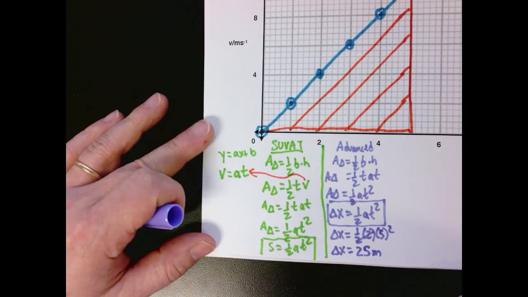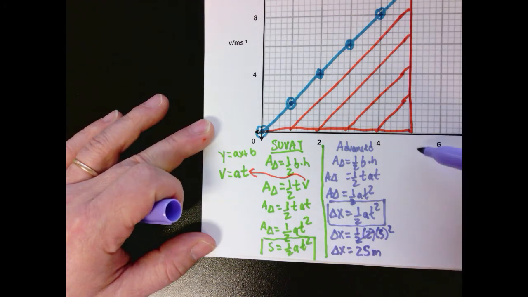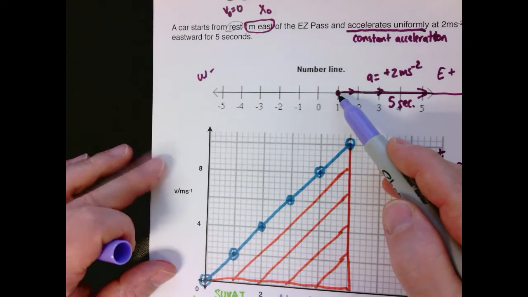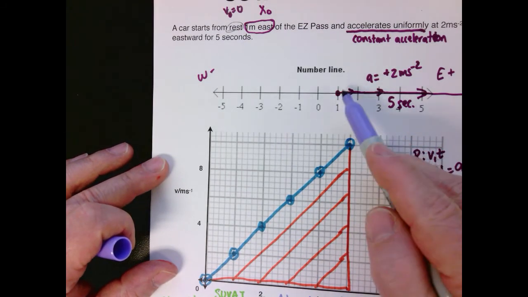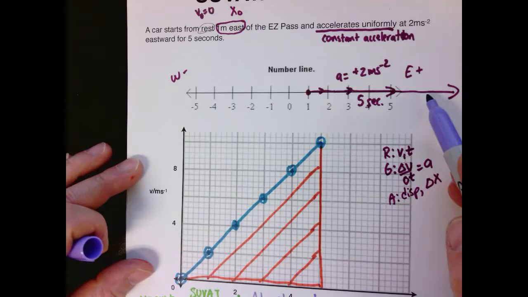So the position will have changed by 25 meters. If we go back up and look at the number line, it started at this position 1, and its displacement is going to be 25 in the positive direction. We can see that it's going to end at a position of 26 meters.